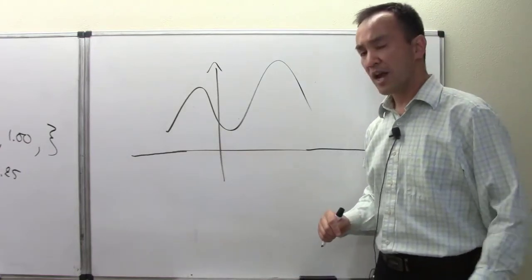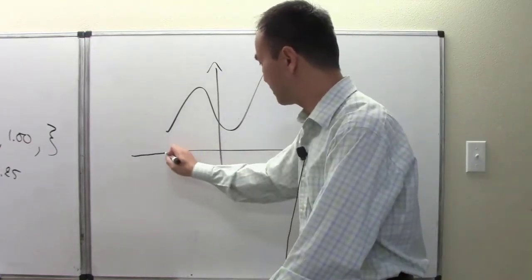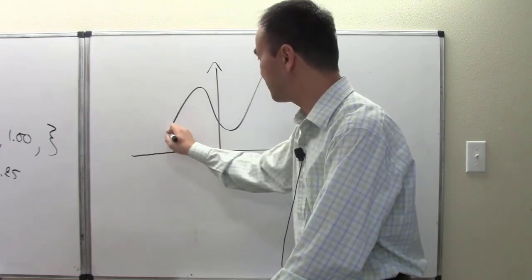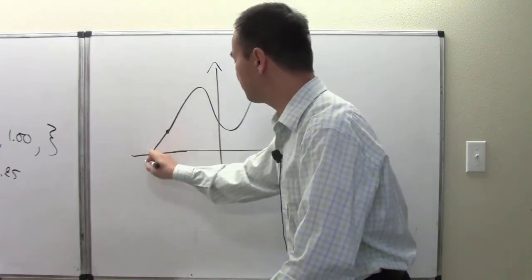And so in this way, the domain, graphically speaking, for a function like this, maybe it keeps spreading further.